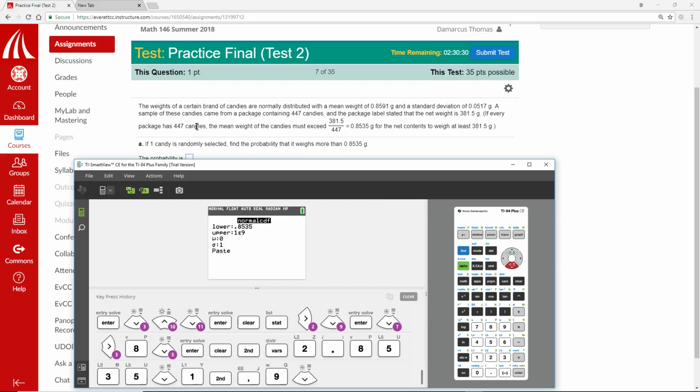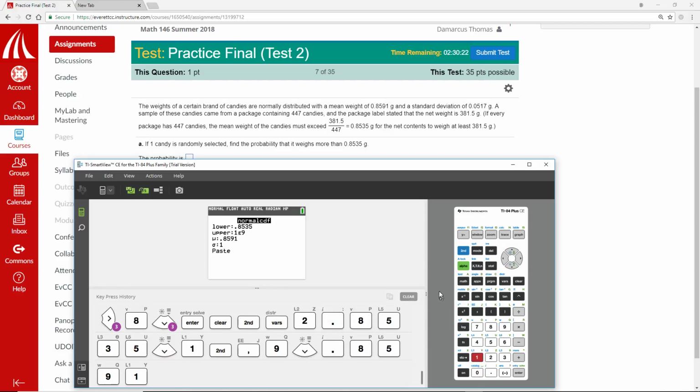The mean of the candies is 0.8591. The standard deviation is 0.0571.